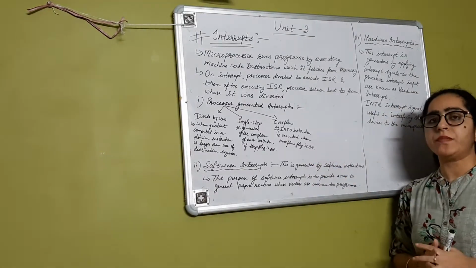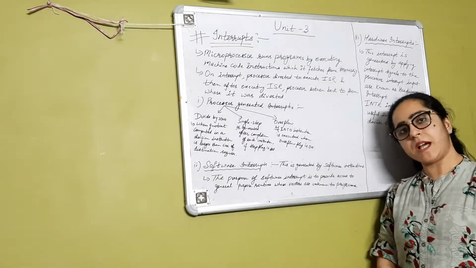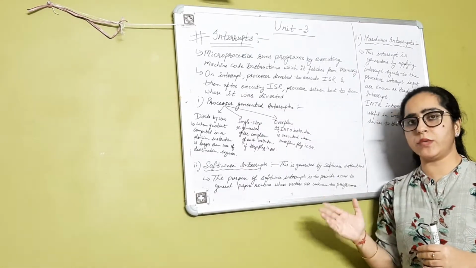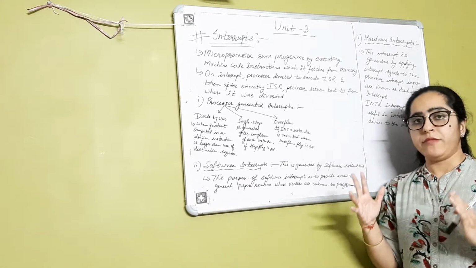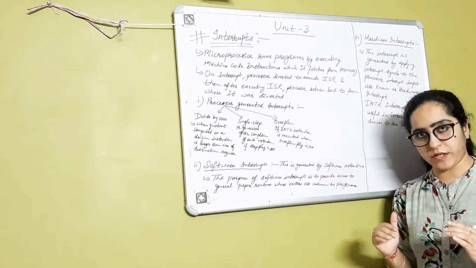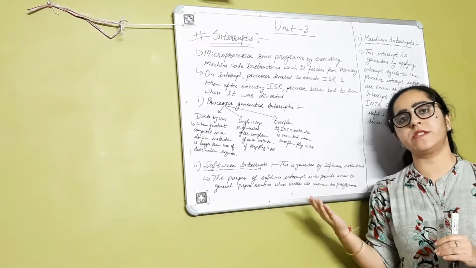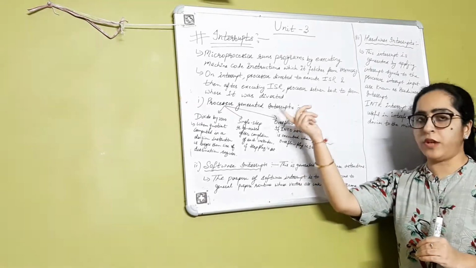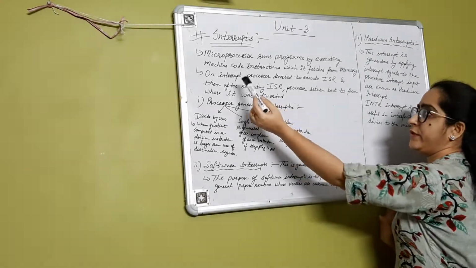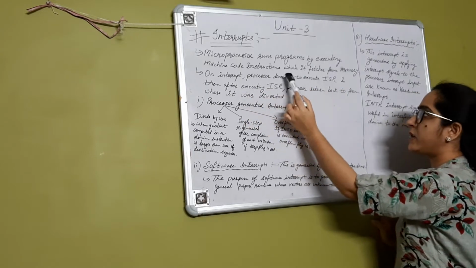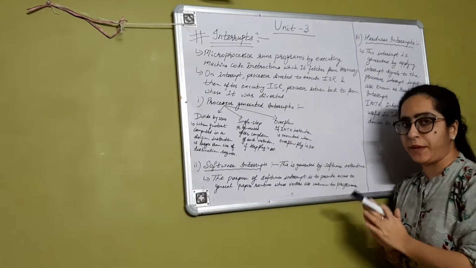So firstly, what are interrupts? Interrupts are basically when the processor is executing the main program and gets diverted from its main set of instructions to the interrupt service routine. That is an interrupt. A microprocessor runs programs by executing machine code instructions which it fetches from the memory.